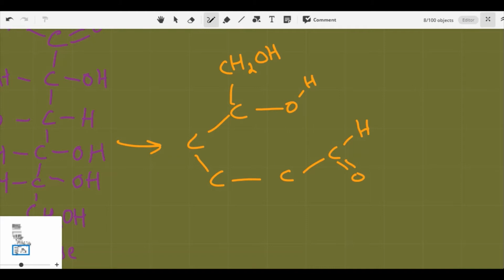Now what will happen, the lone pair of oxygen will attack the carbon, along with some other hydrogen and OH. So I am going to make it.